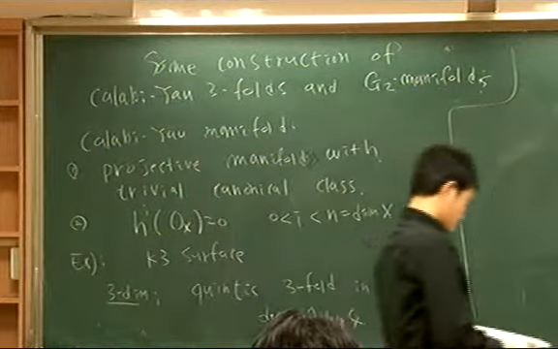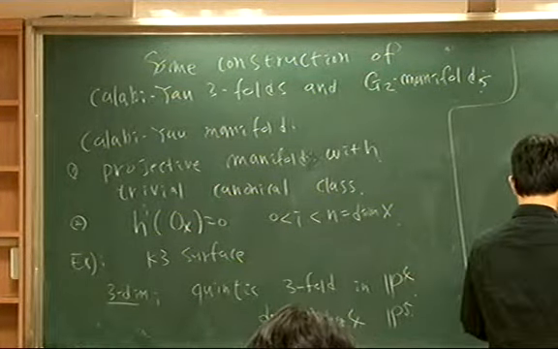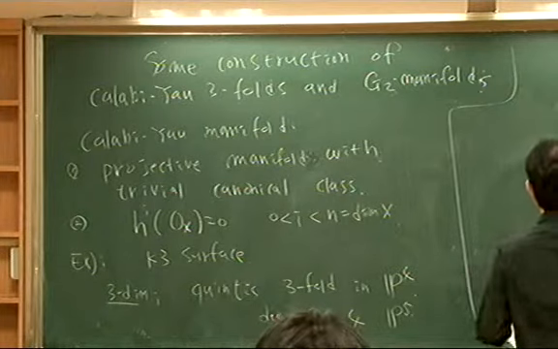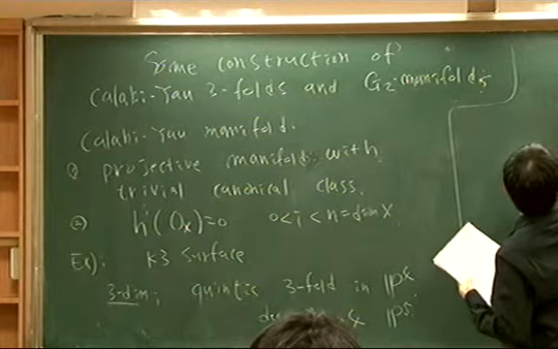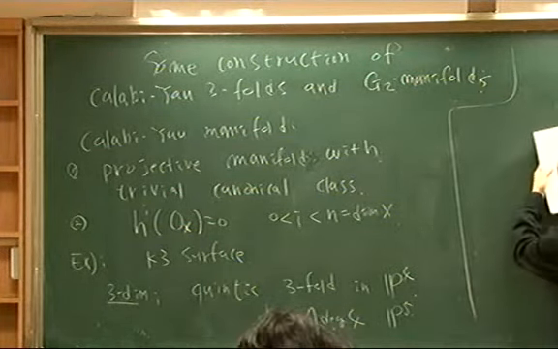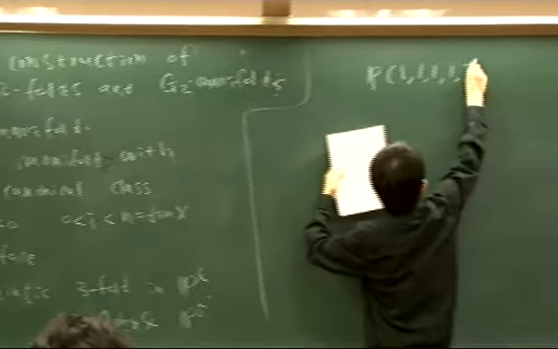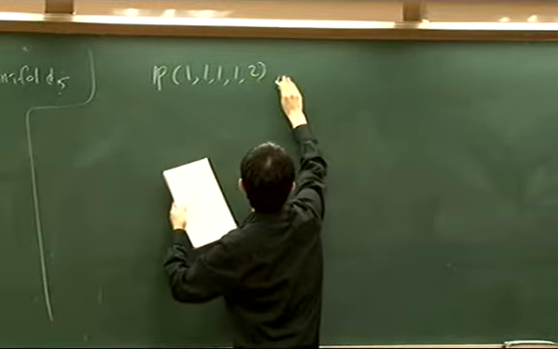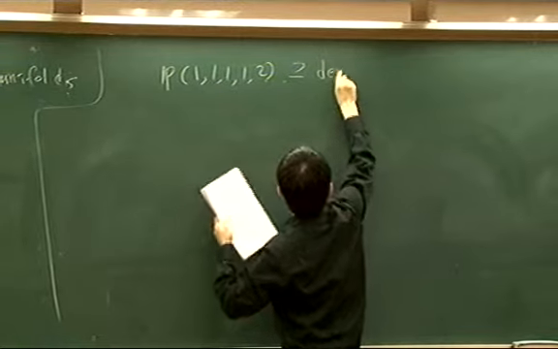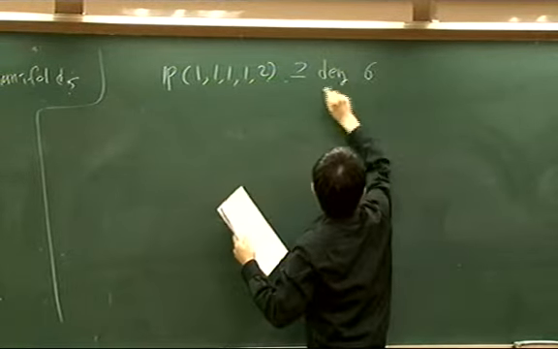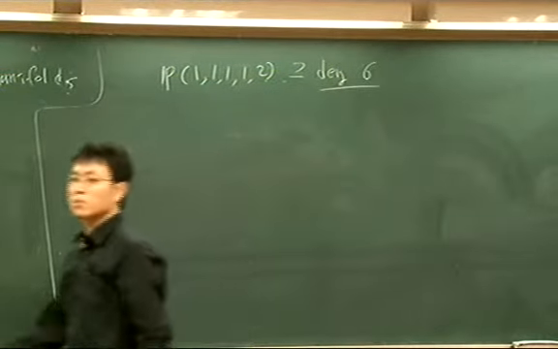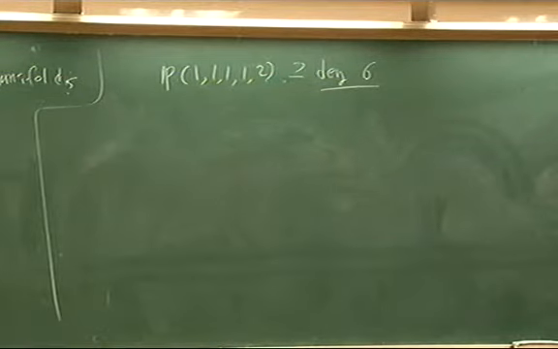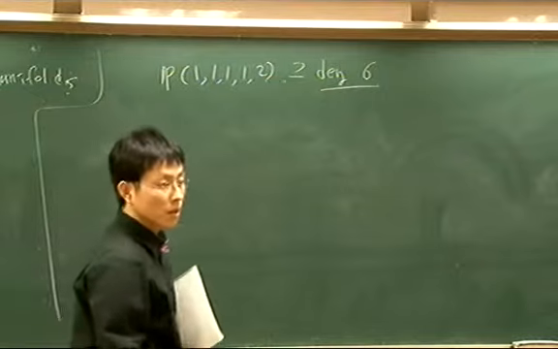Or you can consider some more complicated one, like in weighted projective space 1, 1, 1, 1, 2. Here, a degree 6 hypersurface is a smooth hypersurface, and this is Calabi-Yau. You allow singularities?